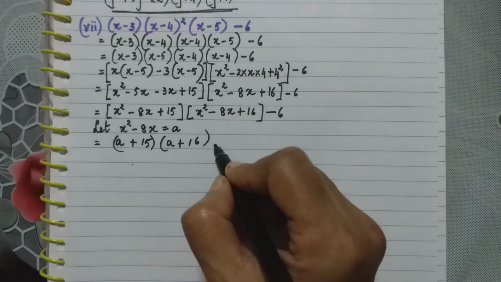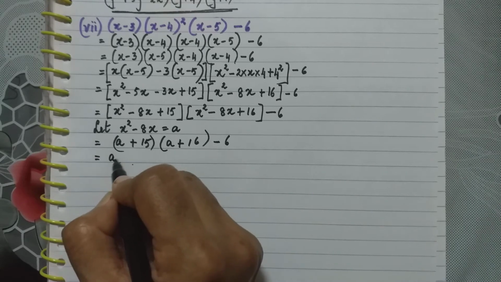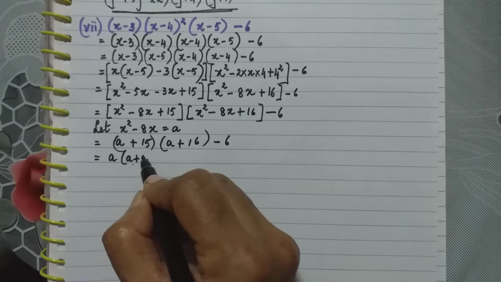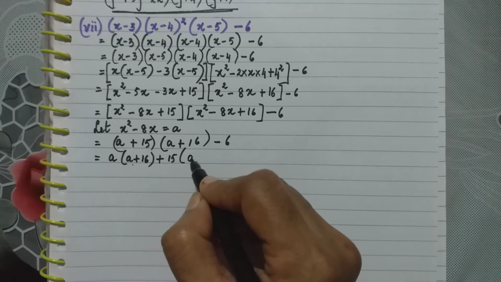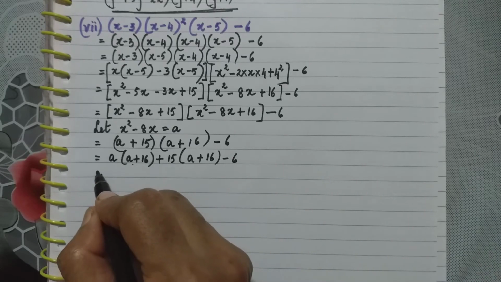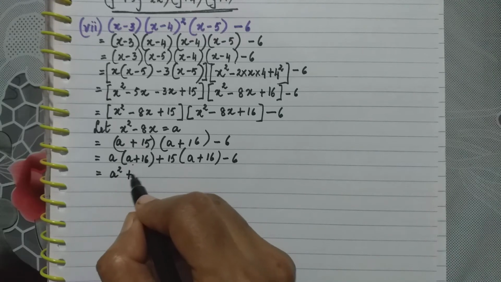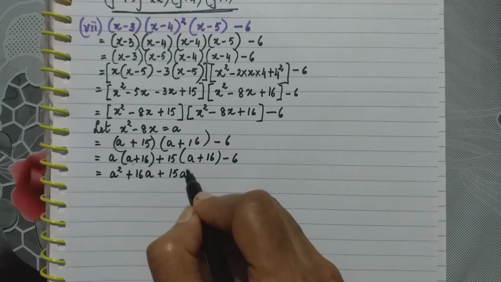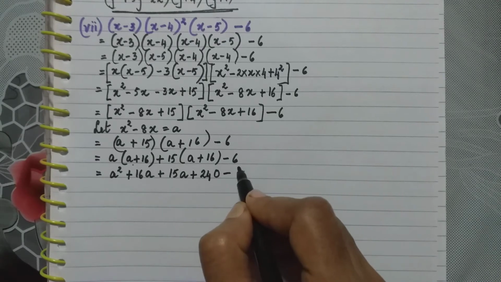So now I multiply here a, take a and multiply with a plus 16, plus 15 into a plus 16, and then this minus 6. So multiplying a into a is a square, a into 16 is 16a, 15 into a is 15a, 15 into 16 will be 240, minus 6.